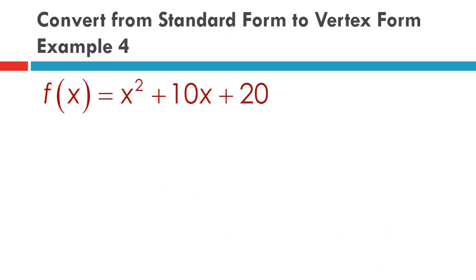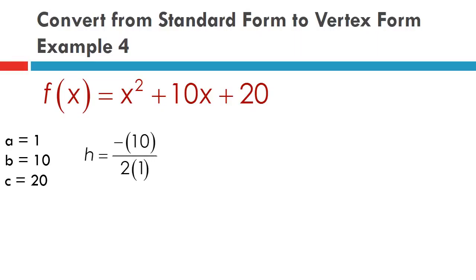All right, on this problem, take a second and do it. Once you've identified your a, b, and c, negative b over 2a would be negative 10 over 2, which is equal to negative 5.